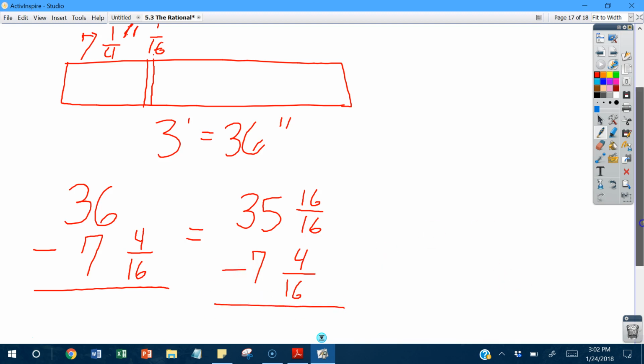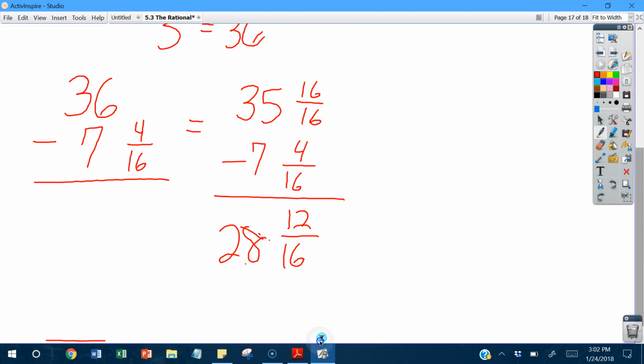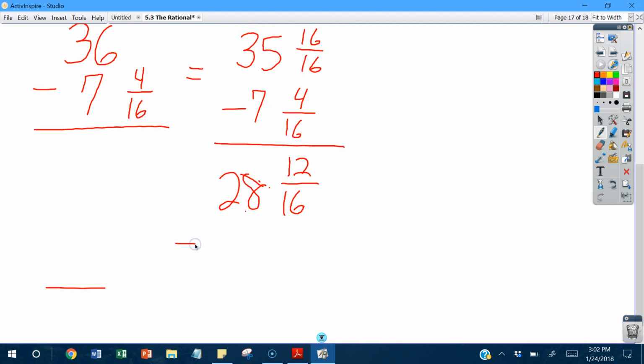And when I do that, I end up with 12/16 here, and then 35 minus 7 is 28. So that's that. And then let's go ahead and subtract that last 1/16 from what we already have. So this is the part that the saw shredded. It doesn't exist anymore. And I end up with 11/16, and then just the 28 here.